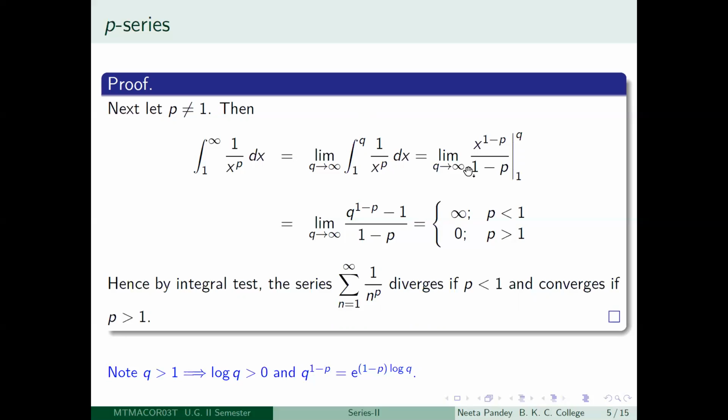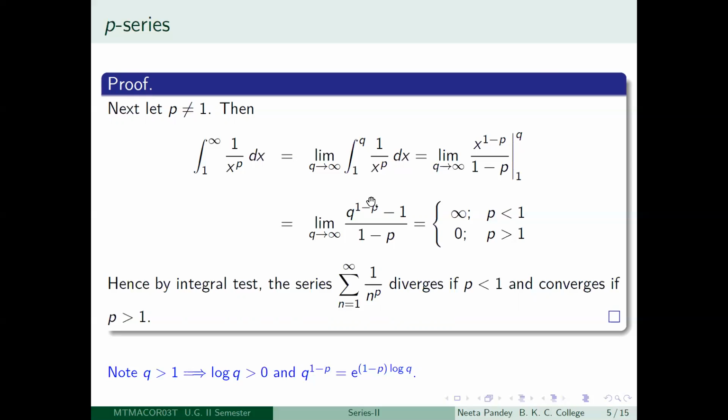If you just look at the indefinite integral, it is x to the power 1 minus p divided by 1 minus p, right? It is x to the power minus p, so minus p plus 1, and you divide by minus p plus 1. And you have to find the value of the definite integral: the value at q minus the value at 1.